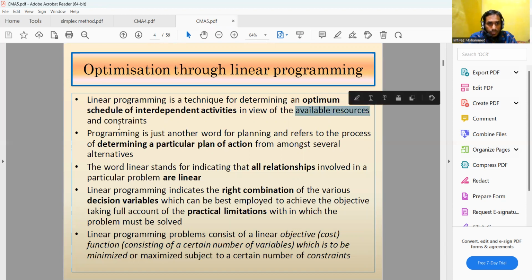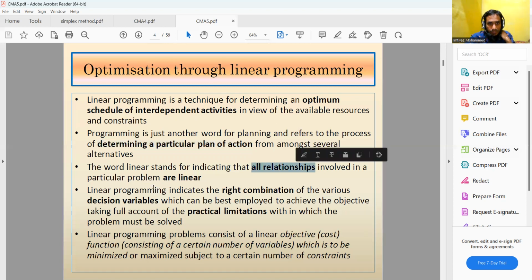So resources and time constraints are the inputs, and we need to make sure that both of them are optimized. Programming is just another word for planning, referring to the process of determining a particular plan of action from amongst several alternatives. All the relationships involved are linear, because you could see the linear graphs.